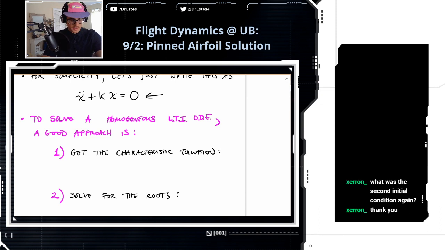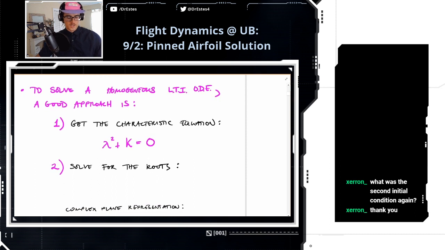I'll write this in terms of lambda. So I would have lambda squared plus k equals 0. I know you are all very comfortable with getting characteristic equations for linear systems at this point.